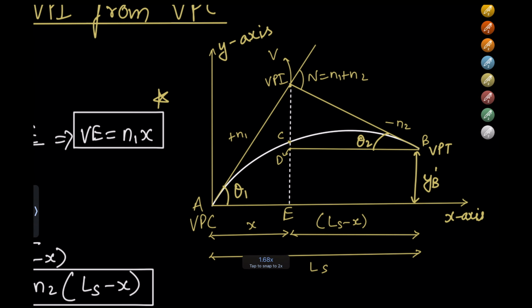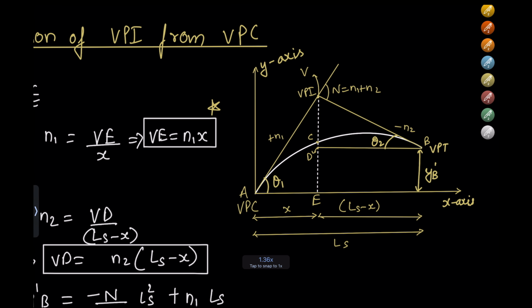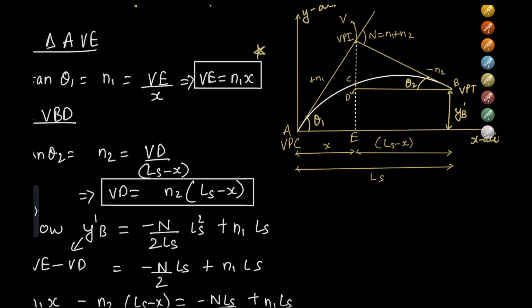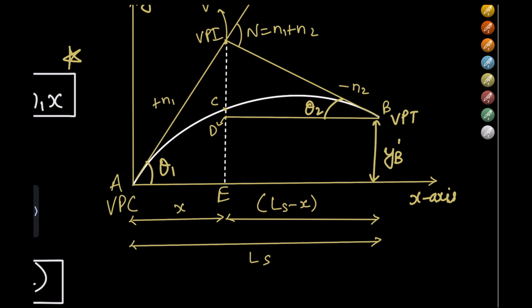Next, we'll have a look at the triangle BDV. In the triangle BDV, we'll have N2 is equal to, or we can say tan theta is equal to BD divided by VB. So VB, what we are having, the total length of the curve is given by LS.